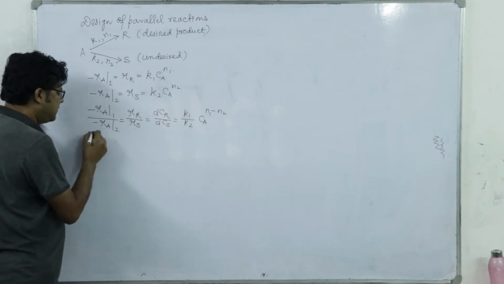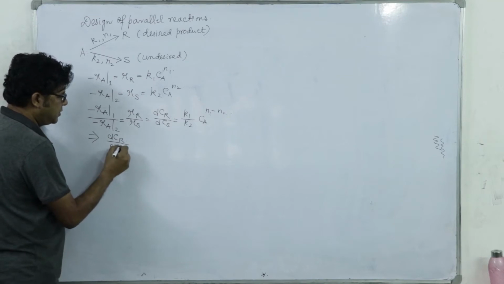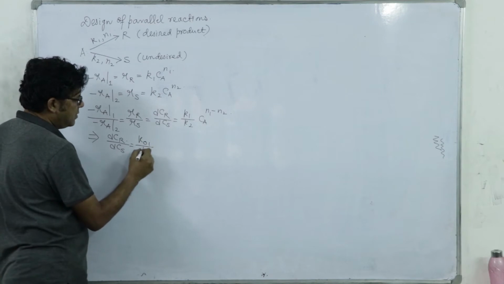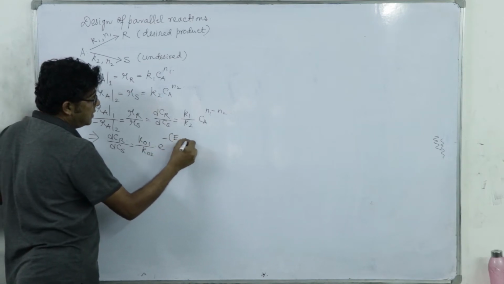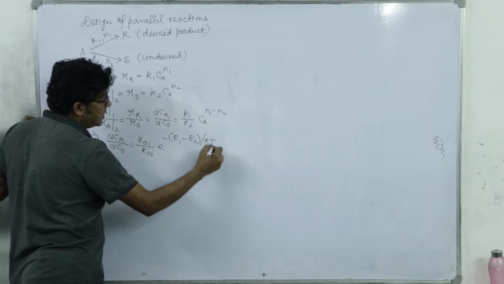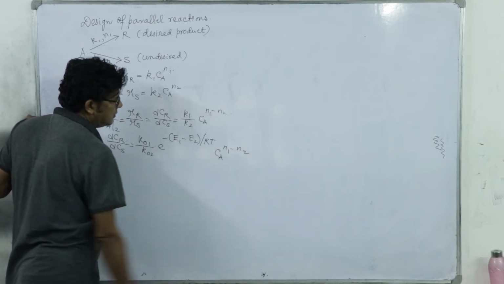Further, introducing the Arrhenius model to decipher the temperature dependence, we can write K01 by K02 e to the power minus (E1 minus E2) by RT into Ca to the power N1 minus N2.